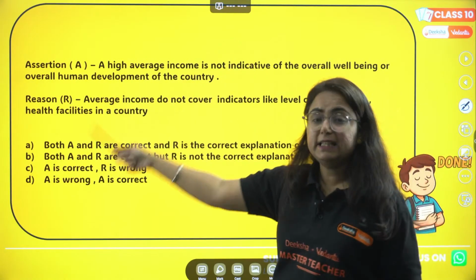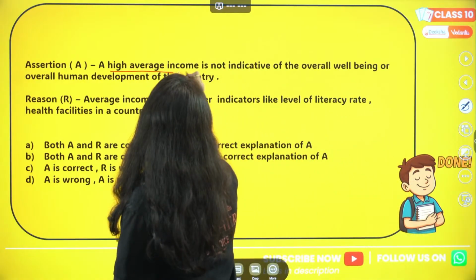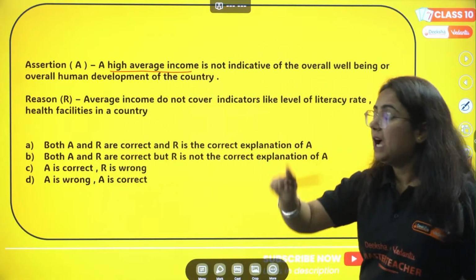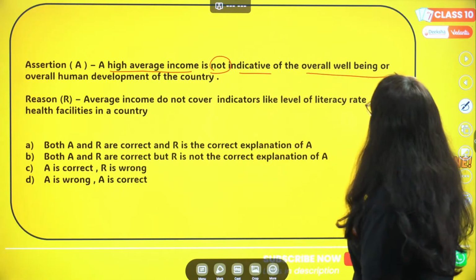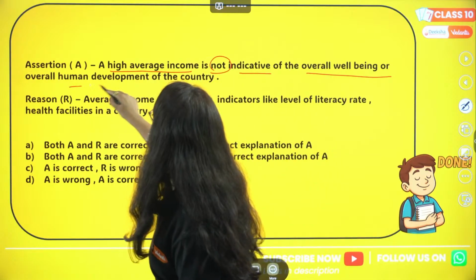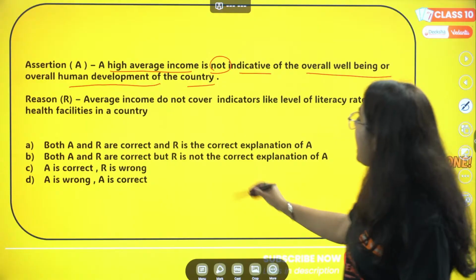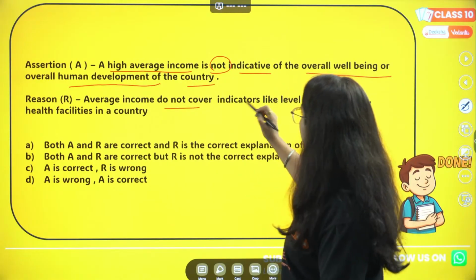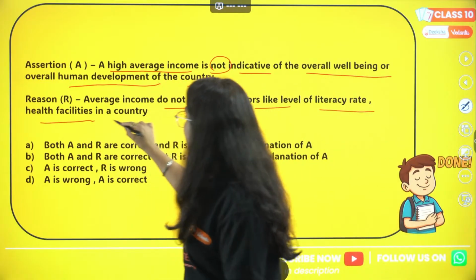Next one, again in the form of assertion and reason. Assertion is high average income, pay attention, high average income is not an indicator of the overall well-being or overall human development of the country. Is it true? Reason is average income does not cover indicators like level of literacy rate, health facilities in a country.